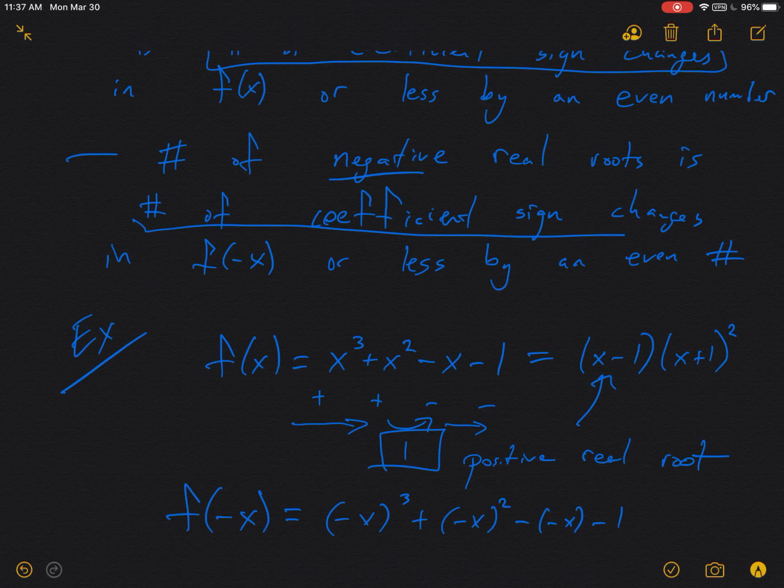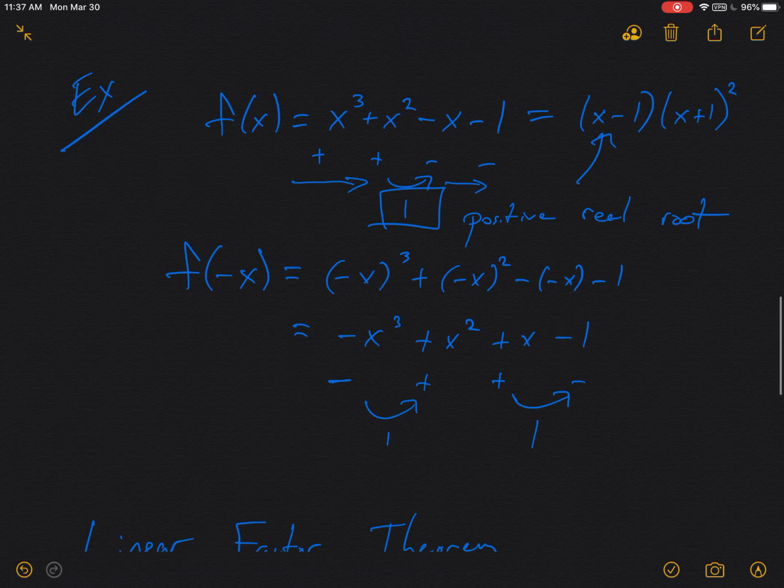Because remember, the number of negative real roots is either the number of coefficient sign changes or less than that by an even number. So there are either 2 or less than that by an even number, so it could be 0, negative 2, negative 4, and so on. We can't have negative numbers of roots, so there are either 2 or 0 negative real roots.